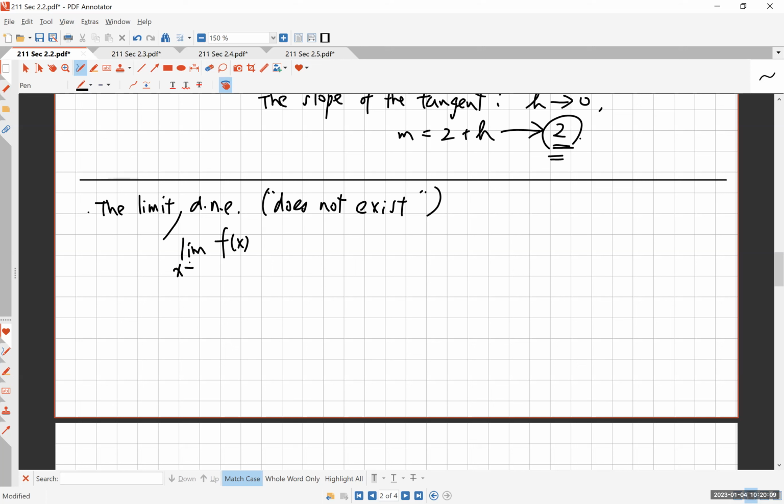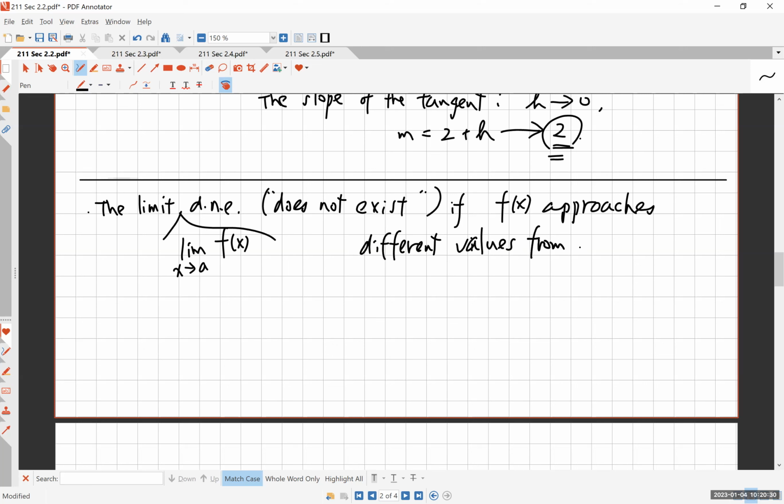This thing does not exist if f of x approaches different values from the two sides.